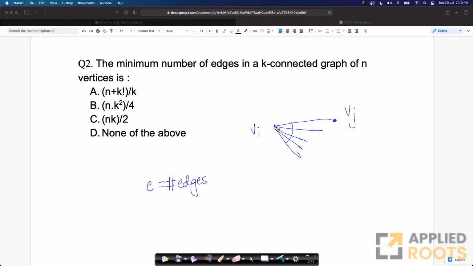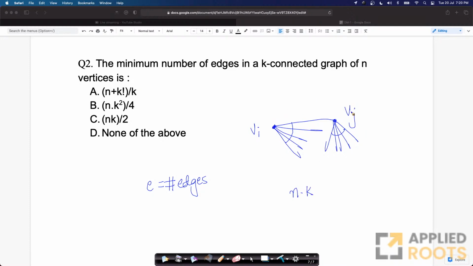If you count the degree of each of the vertices, again this is also connected to k or more vertices. There are n vertices, and in an n-vertex graph each vertex has k or more edges.